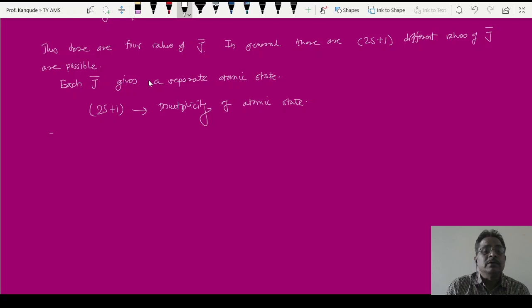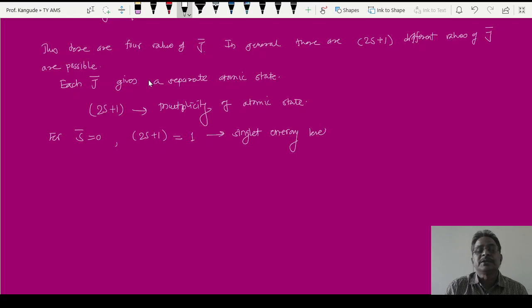Now if capital S bar is equal to 0, then twice S plus 1 will be simply 1, because 2 into 0 is 0 plus 1 is 1, and this is called a singlet energy level, for the quantum state. For S bar equal to 1, this calculation gives twice S plus 1 equal to 3.